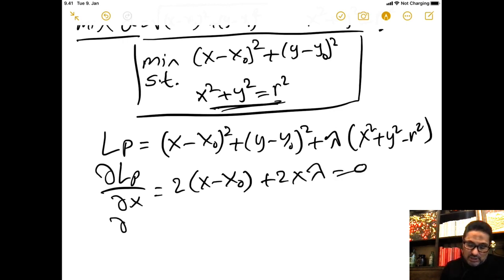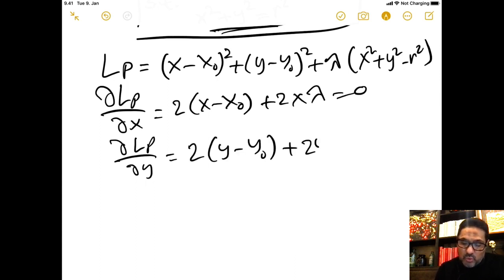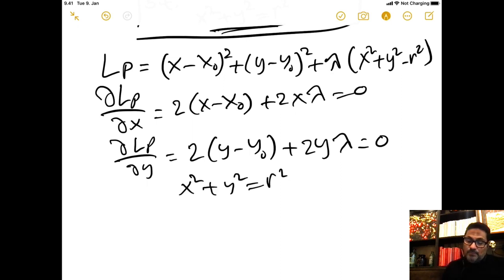Also differentiating L_P with respect to y, it will be quite the same: 2 times (y minus y0) plus 2y lambda equal to 0. And finally, we have the constraint itself, which is that x squared plus y squared equal to r squared. So now we have three equations in three unknowns, because we have the unknowns x and y and lambda.